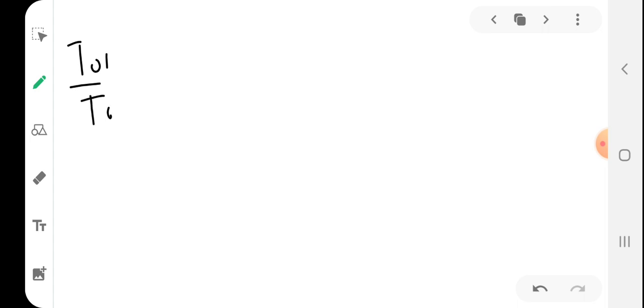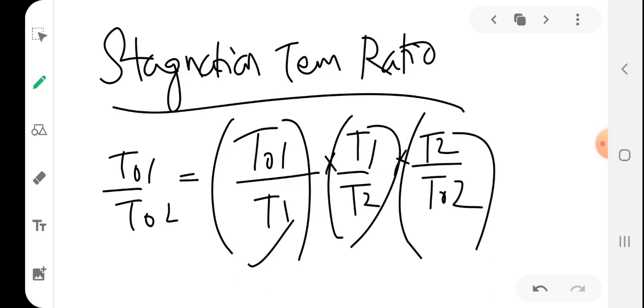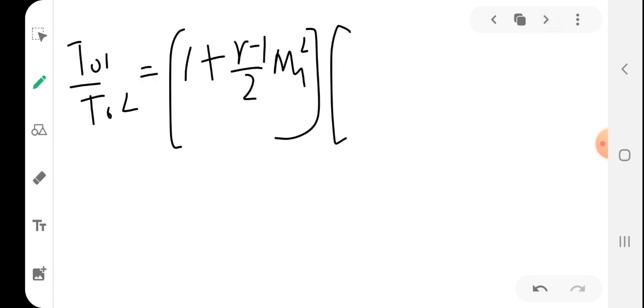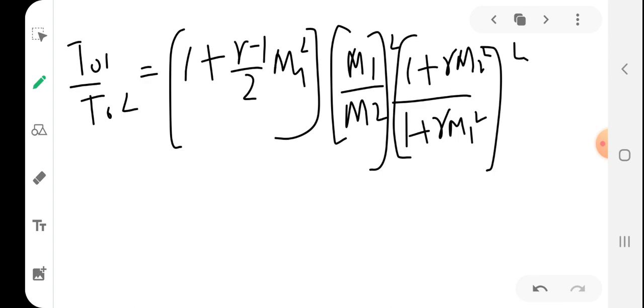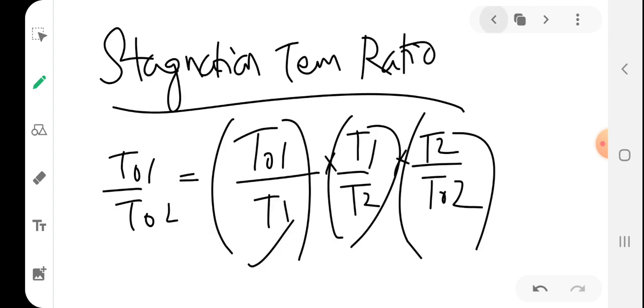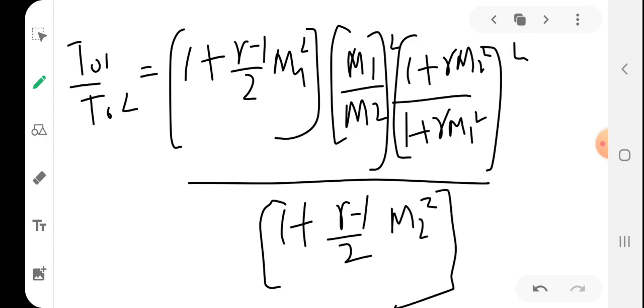So T01 by T02 is 1 plus gamma minus 1 by 2 M1 square, times M1 by M2 whole square into 1 plus gamma M2 square by 1 plus gamma M1 square whole square, divided by 1 plus gamma minus 1 by 2 into M2 square, since T2 by T02 is inverted. So this is the equation.